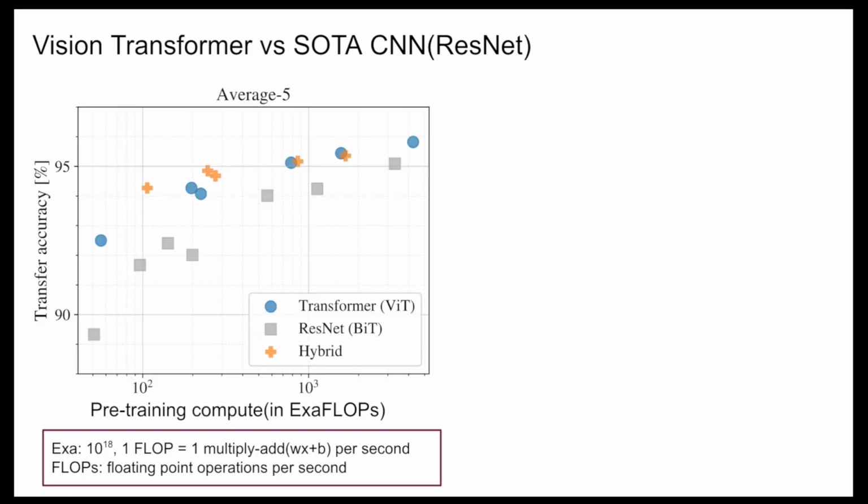Also, as we said, we are comparing Vision Transformer and CNN in many ways. Here we compare the transfer accuracy and the pre-training compute in exaflops. One flop is one multiply add per second, and flop usually really means floating point operation per second.